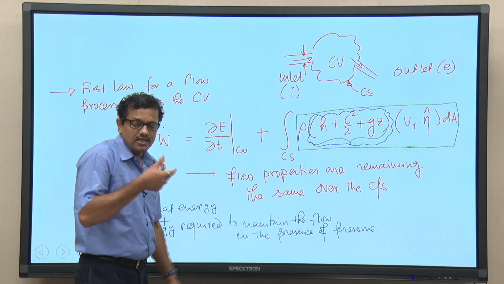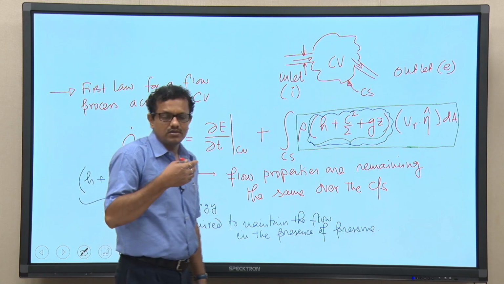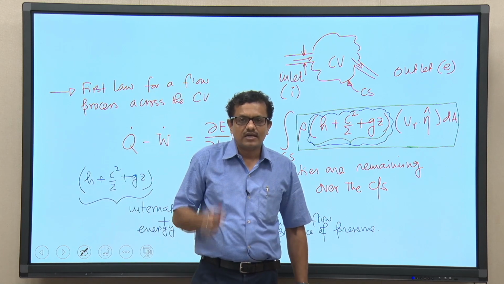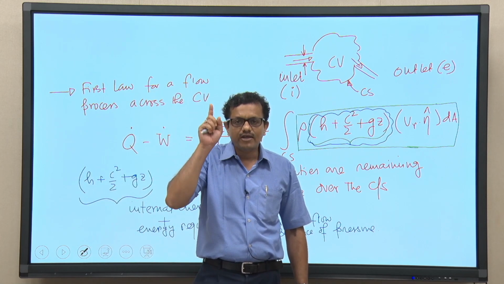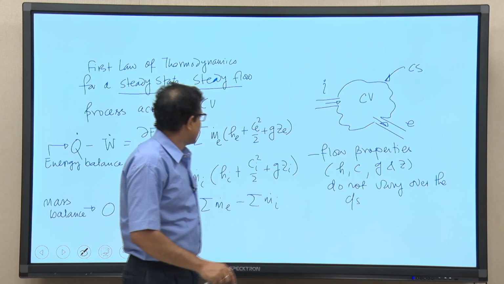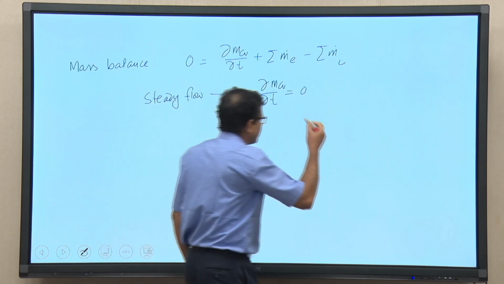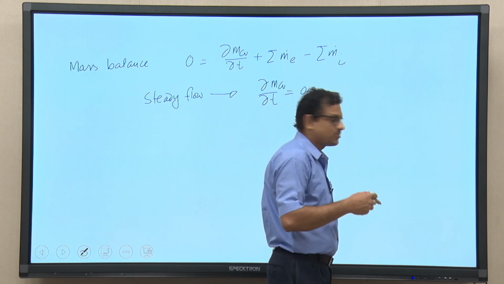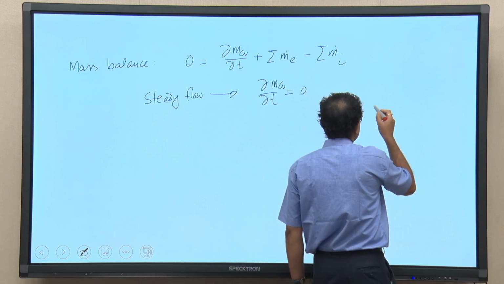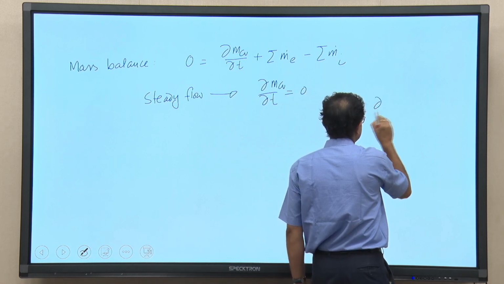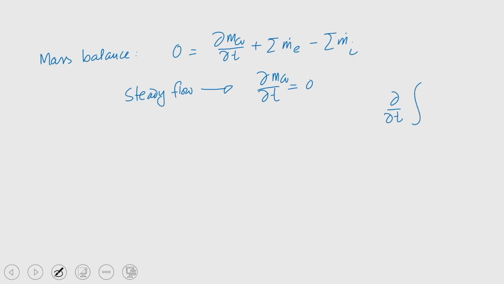If you try to recall the Reynolds transport equation, ∂/∂t of ∫ρ dV, you know that this is the first term, the right hand side of the Reynolds transport equation: ∂/∂t over the control volume of ρ η dV.